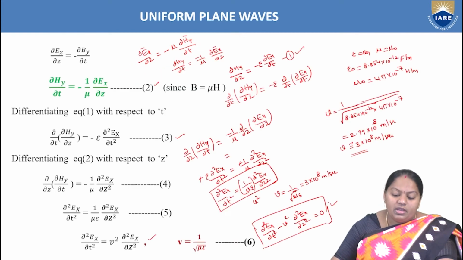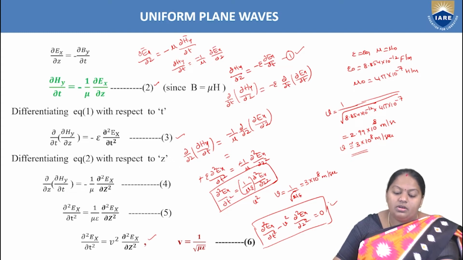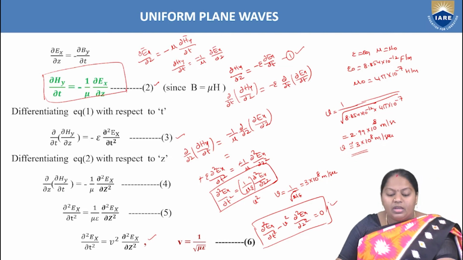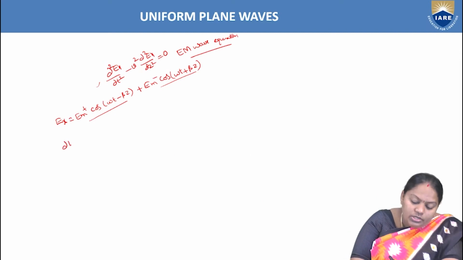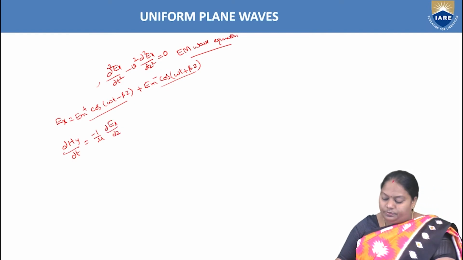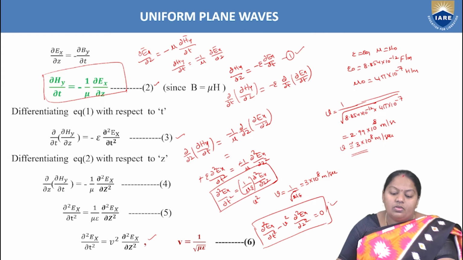Now previously, from the evaluation of that equation, ∂Ex/∂z equals minus mu ∂Hy/∂t, or ∂Hy/∂t equals minus 1/mu into ∂Ex/∂z.